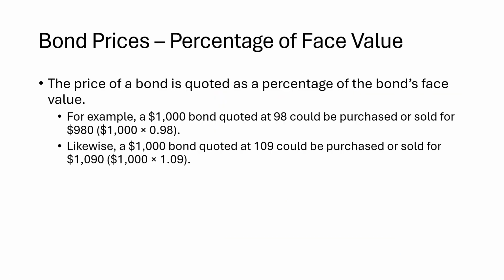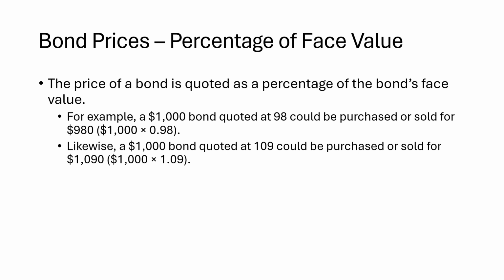One more thing to note is that when you are quoting a bond price or when you are explaining what the bond is selling for, that's quoted as a percentage of the face value. So obviously, if it's sold at face value, then it will be sold at 100. That's how that is said. If it's quoted at 98, that's basically 98%.